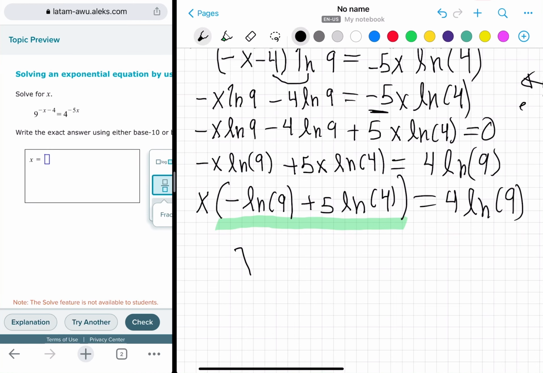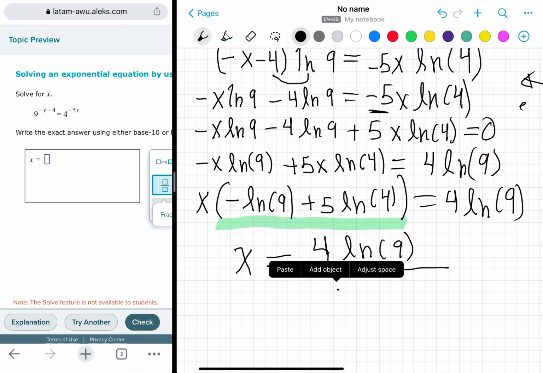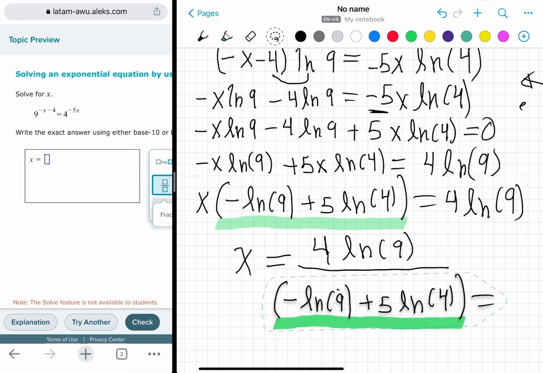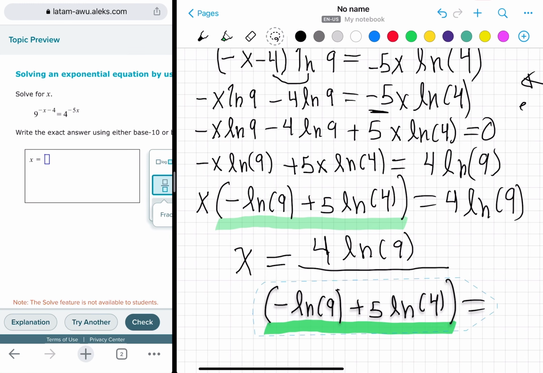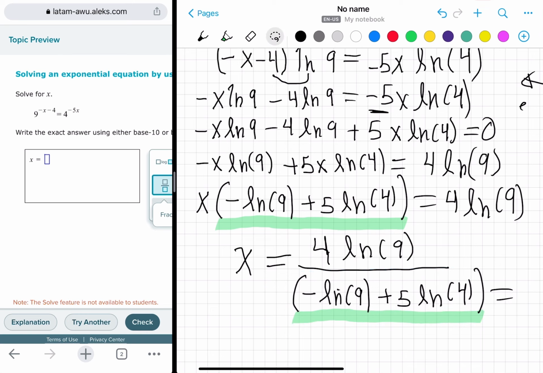And I'm gonna have this x equals 4 times the natural logarithm of 9 over this big number that I just copied here, and that should be the answer to this exercise actually.